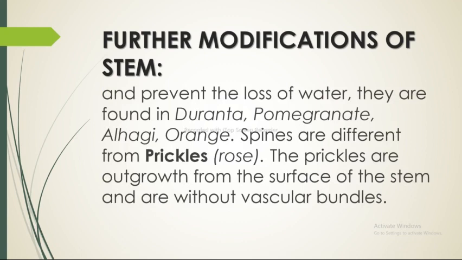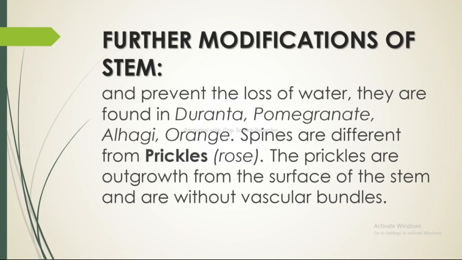They are found in Duranta, pomegranate, Acacia, and orange. Spines are different from prickles, such as in rose. Prickles are outgrowths from the surface of the stem and are without vascular bundles.